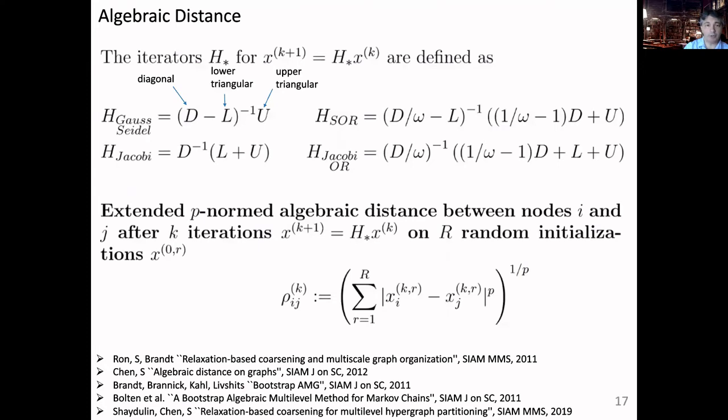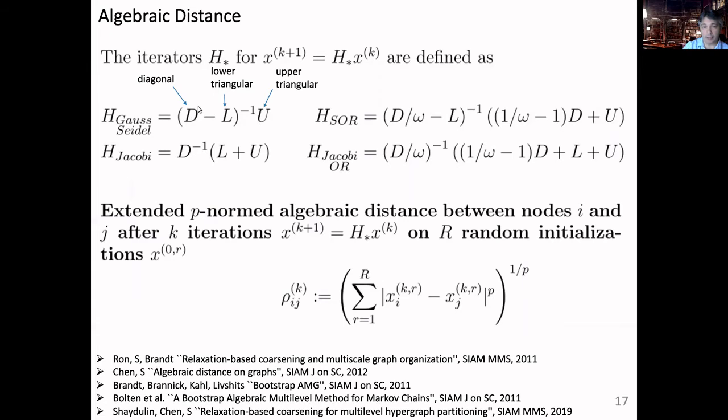The algebraic distance between nodes is the distance between the corresponding entries in the vector that we use in an iterator matrix to relax the initial guess. So the stationary iterative relaxation matrices that we use, like Gauss-Seidel, Jacobi, successive over-relaxation and Jacobi over-relaxation, here they're represented using the iterative form.